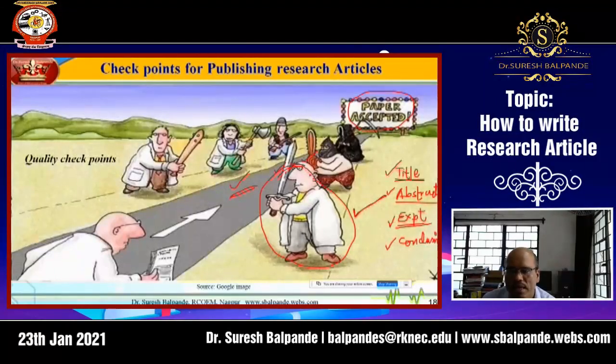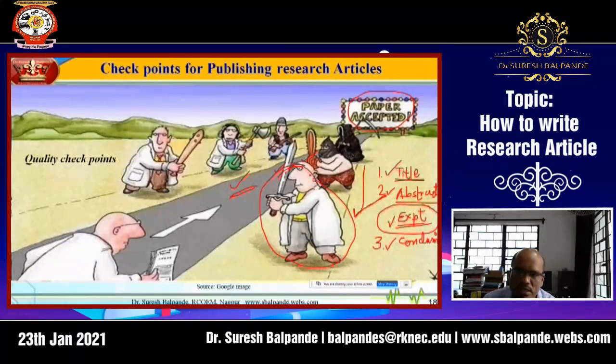So as far as the editor is concerned, the important points are the title of your paper, the abstract, and the conclusion of your paper. The editor will read each word of those, and just have an overview of the experimental section.